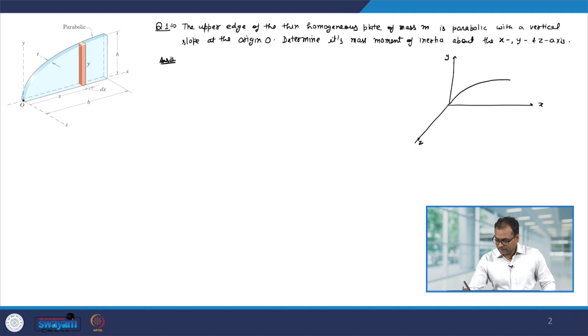It has a thickness of T, so T is the thickness and the height is h. To find out the moment of inertia, let us take a portion of this plate, which is rectangular in shape. Let us say it is at a distance of x and the width of this plate is dx.